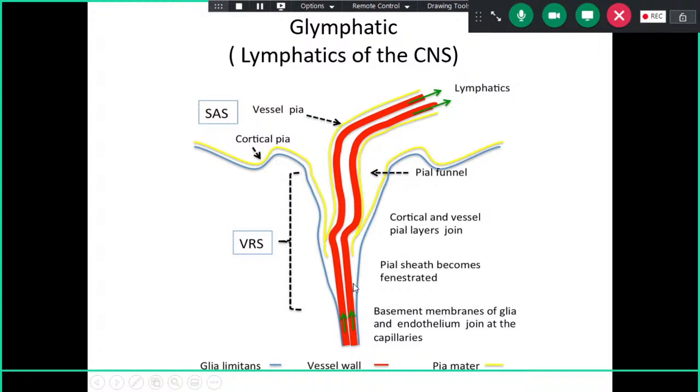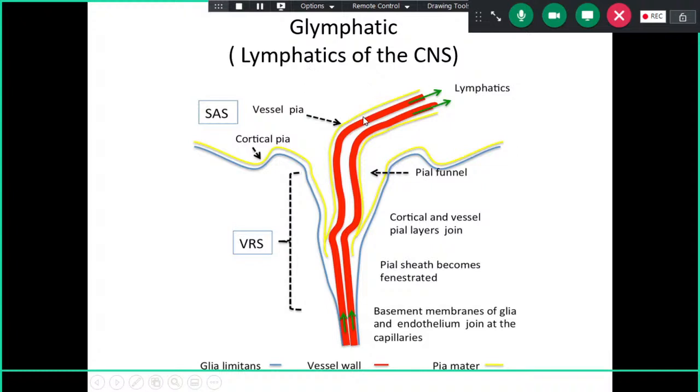So this interstitial fluid is transmitted from the brain parenchyma into the Virchow-Robin space, and from this space it gets into the space between the blood vessel and the pial sheath. So the gap between the blood vessel and pial sheath is where the interstitial fluid is transmitted outside. So this space is called the lymphatics or glymphatics of the CNS.